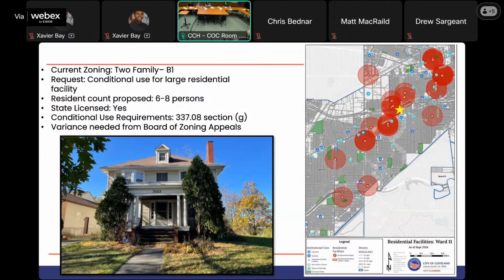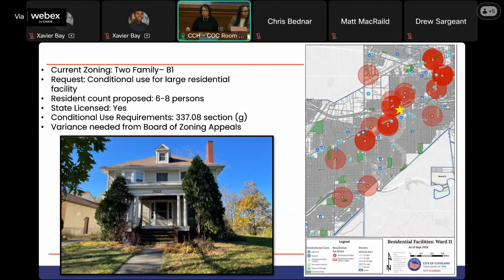Their proposal is to house 6 to 8 persons. They're proposing to be a state licensed facility. They will need variances after this hearing due to the amount of persons they're planning to have.